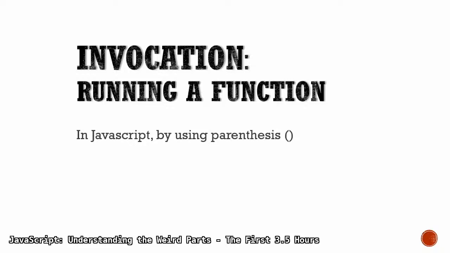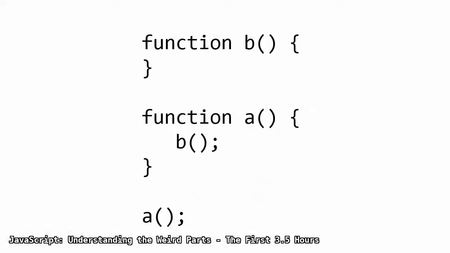To do that, let's look at a simple example. So I have a function b that I've created. It does nothing. A function a that calls or invokes function b, and then I'm invoking function a.